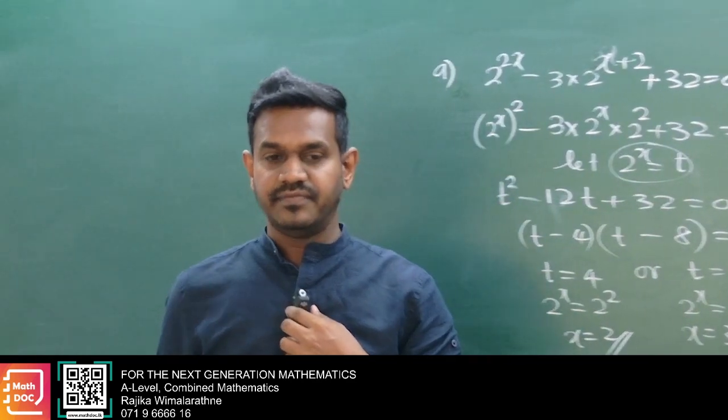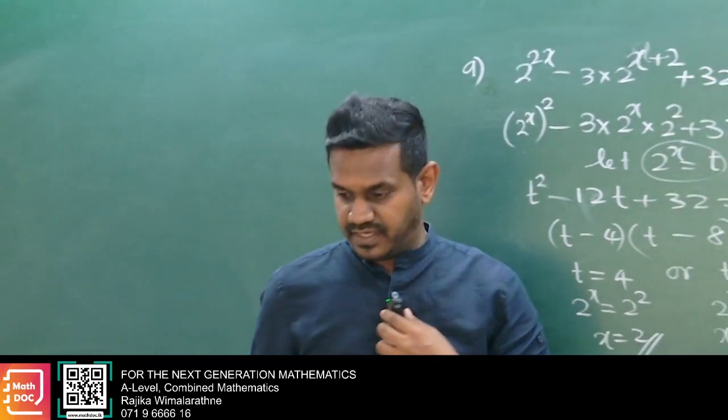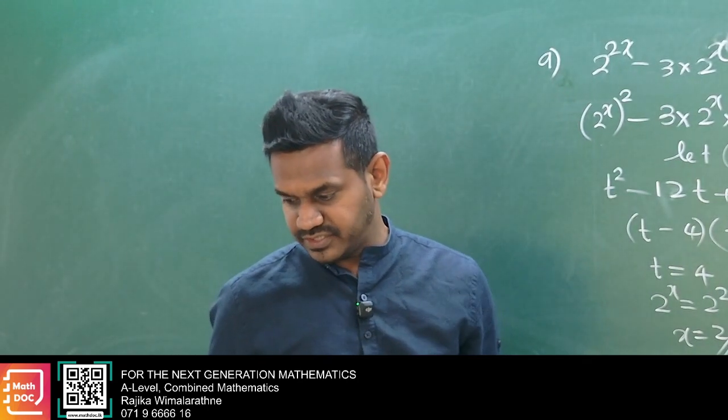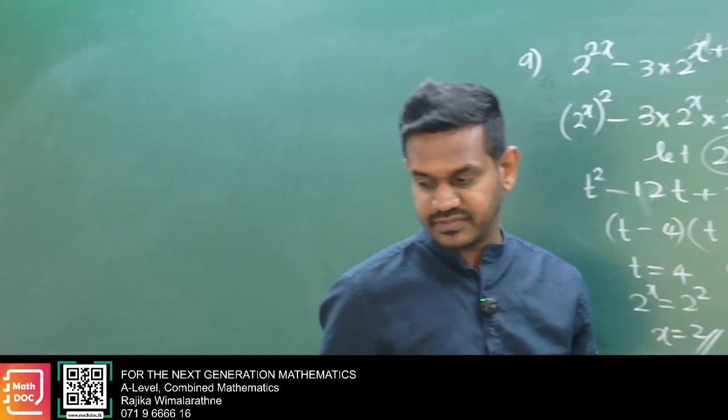See another example. 3 to the power x minus 2 plus 3 to the power 3 minus x equals 4.